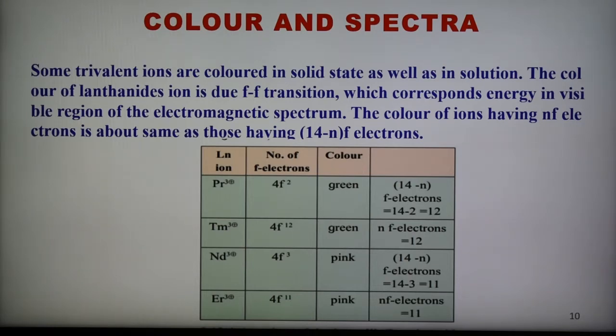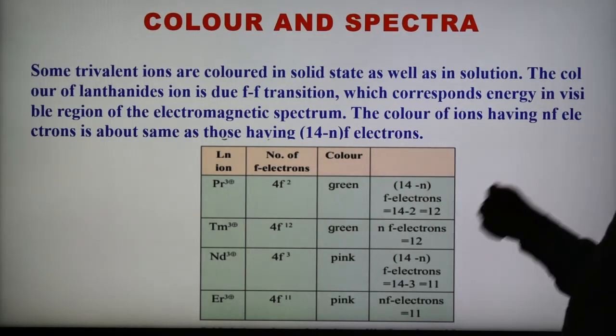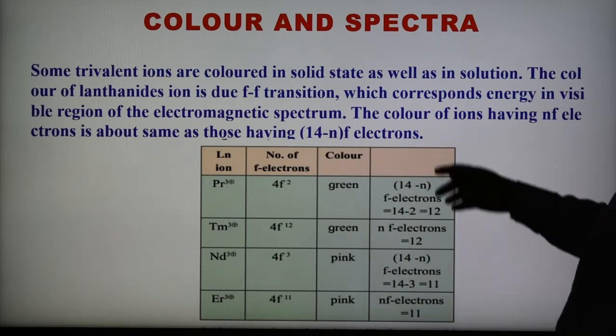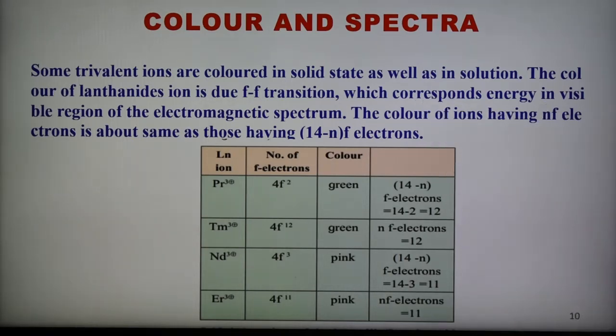If the transition spectrum occurs in this visible region, then that metal ion or complex is colored. So the f-f transition corresponds to energy in the visible region of the electromagnetic spectrum, therefore they show color.